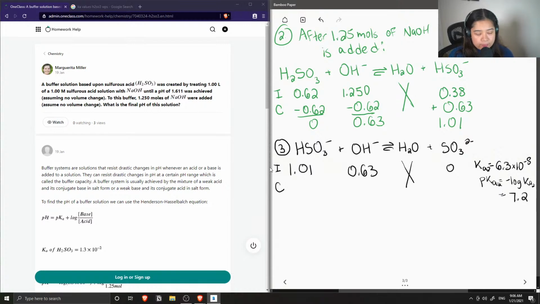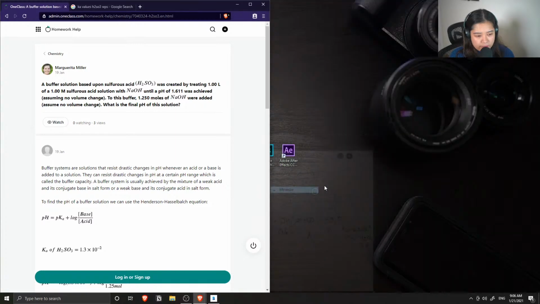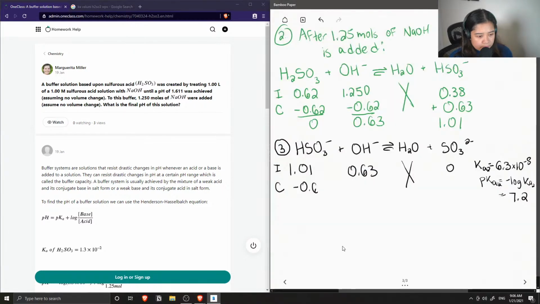the HSO3- will only react until the hydroxide ion runs out. So for the change, it's going to be negative 0.63. And the same thing for the change in the hydroxide, 0.63, just until it runs out.